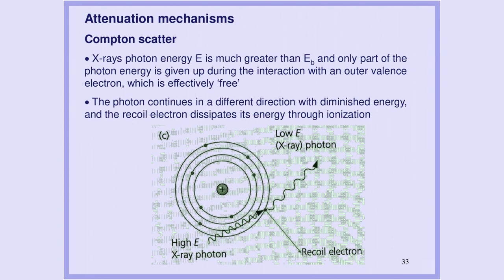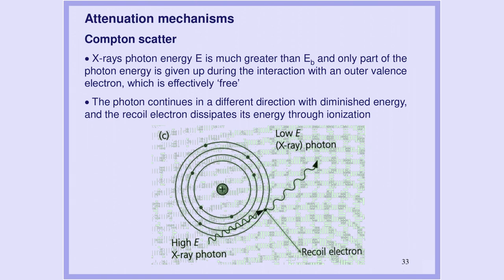When the energy of the photon rises and becomes between 30 kilo-electron volts and 20 mega-electron volts, we should speak about Compton scattering, because at these energies Compton scattering is the dominant absorption mechanism.